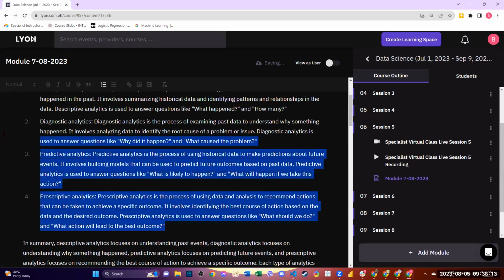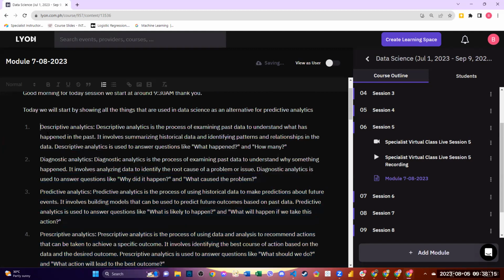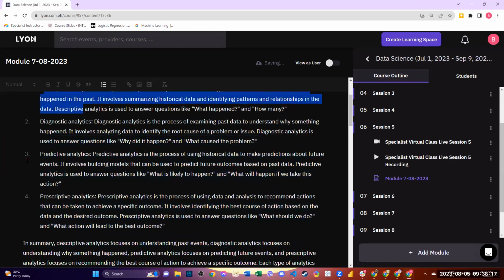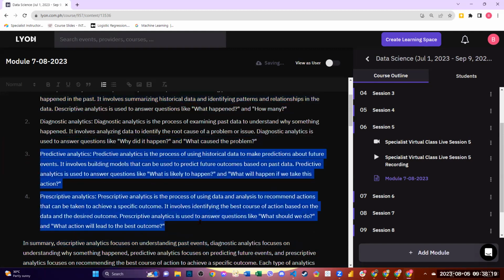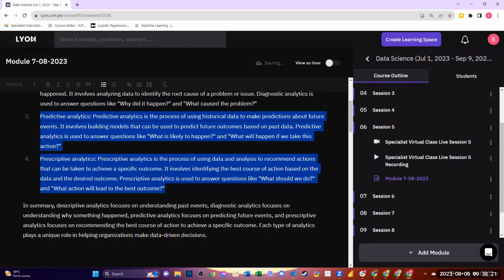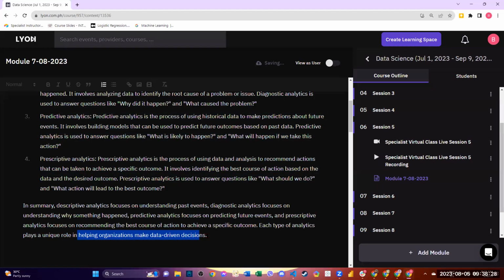Okay, so once we master these four, descriptive, diagnostic, predictive, and prescriptive analytics, we can say that we help the organizations we handle make data-driven decisions. All right?